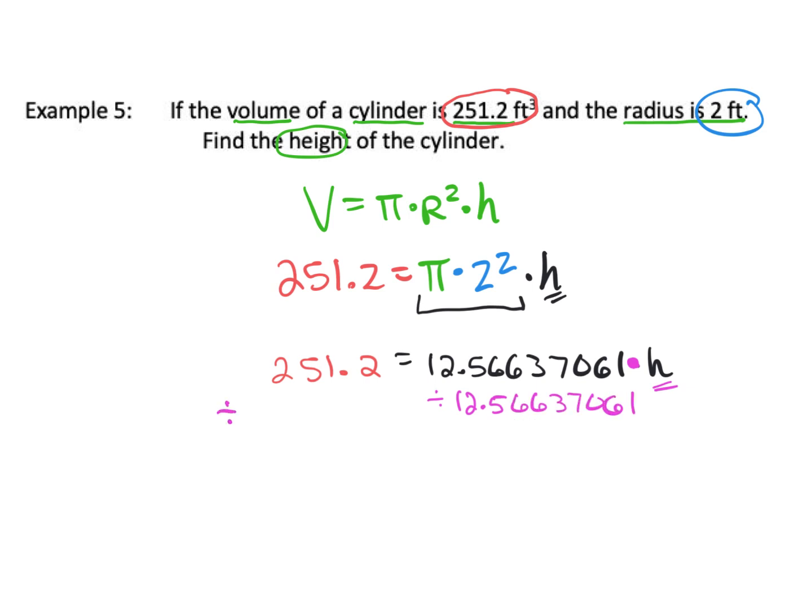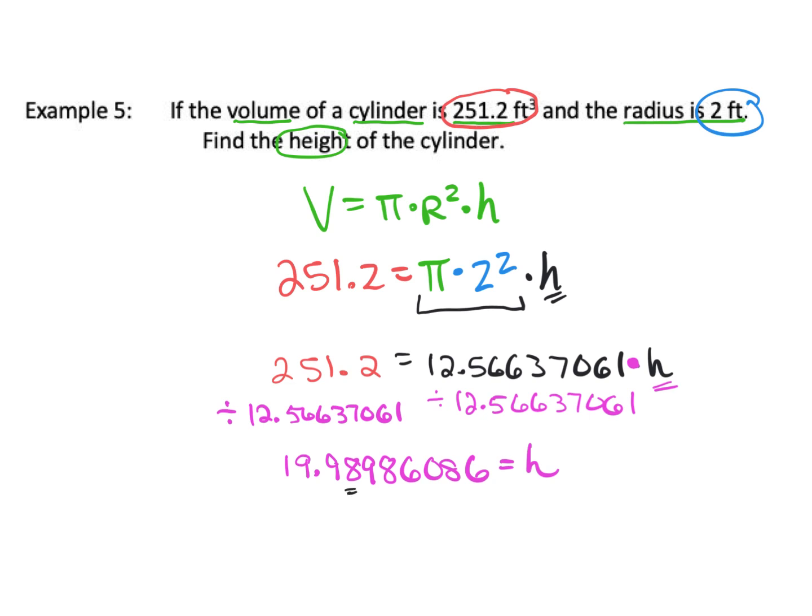So we're going to divide 251.2 by 12.56637061. And in our calculator, we get 19.9898686. And again, we're going to round it to the nearest hundredths.